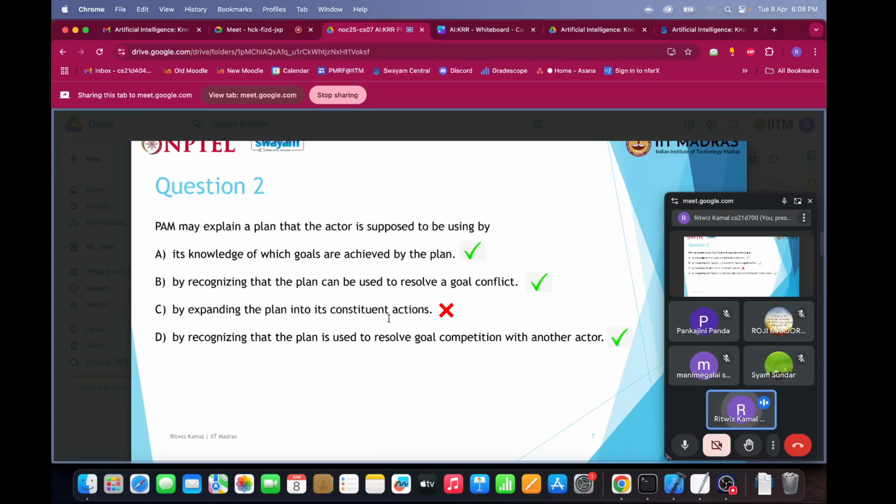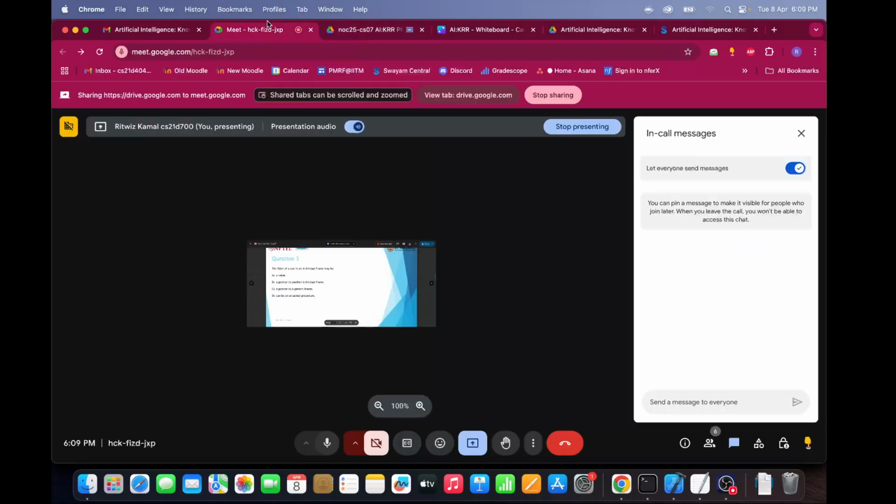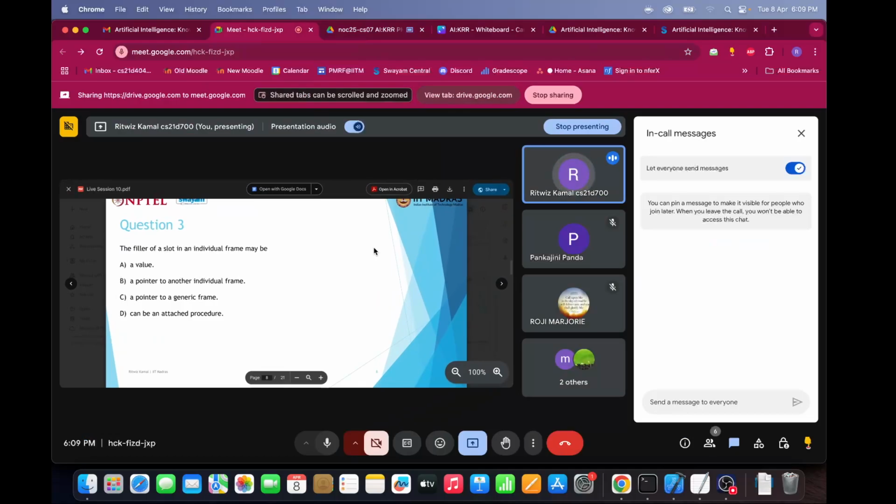Okay, then let's move on to question 3, which asks us about the filler of a slot in an individual frame. And out of these options, we have to select which are the possible entities that can be the filler of a slot in an individual frame. And again, this also has relation to some lecture slide.